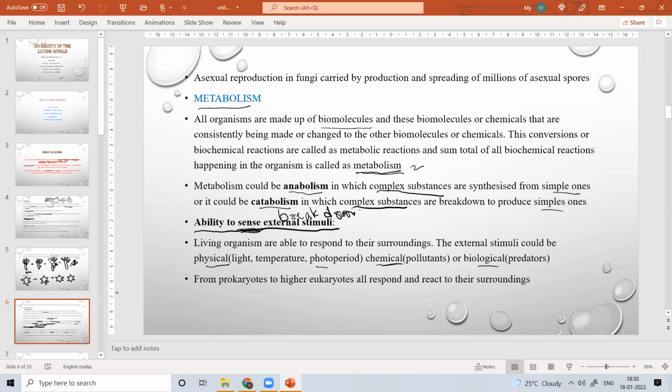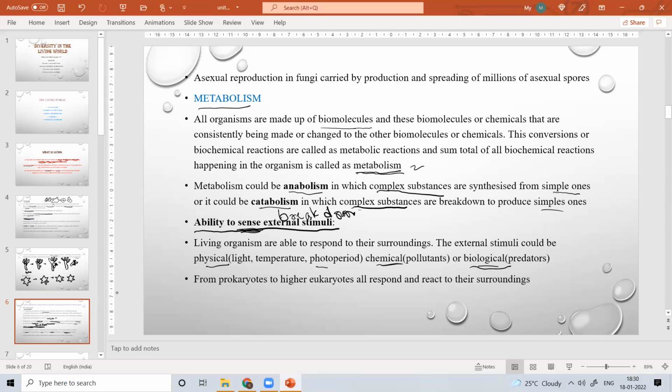And also biological stimuli. That means if a predator is proceeding towards its prey, then we can sense that also. That kind of biological stimuli sensing will also be there.